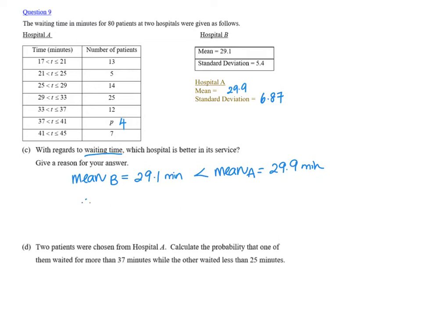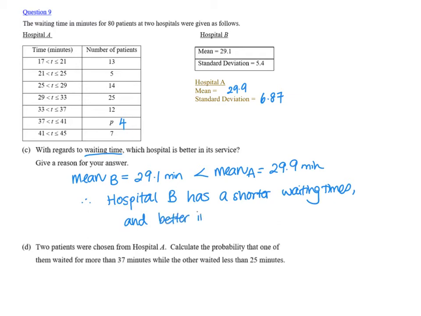So therefore, hospital B has a shorter waiting time and therefore better services, better in its service.